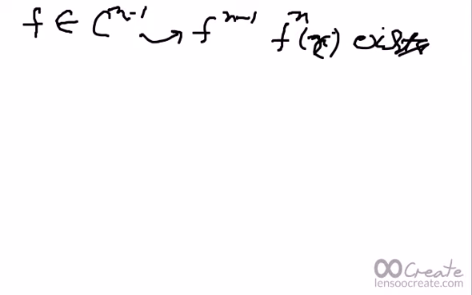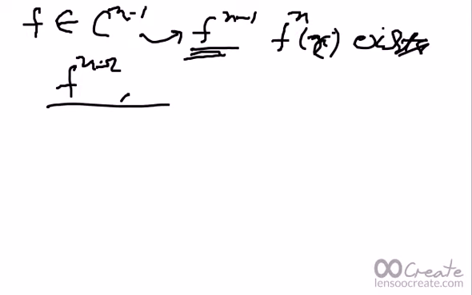This implies that since the (n-1)th derivative exists, the (n-2)th derivative should also exist, and f^(n-1), as we saw, exists.